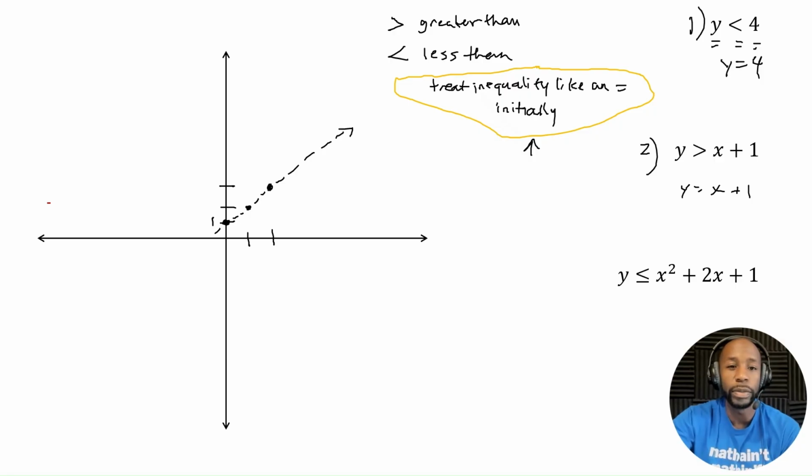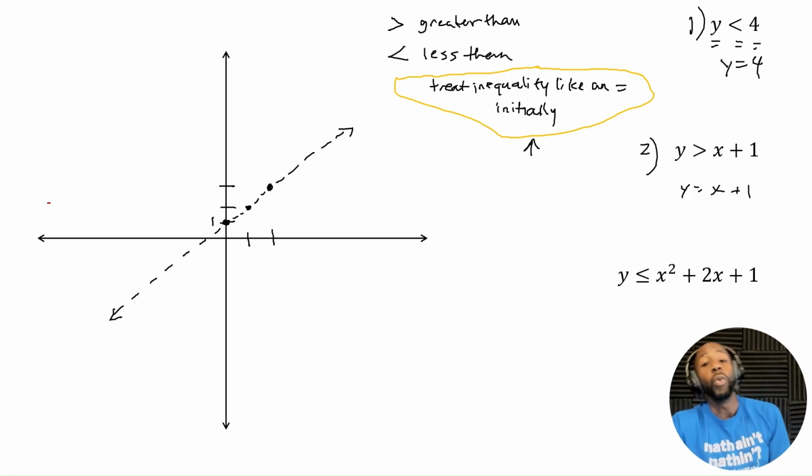Okay, let's do some in the other direction. Again, y is greater than x plus 1. So y equals x plus 1 is that line. It's the line itself. We are looking at values of greater than that line. And so we're talking about in the positive y direction.